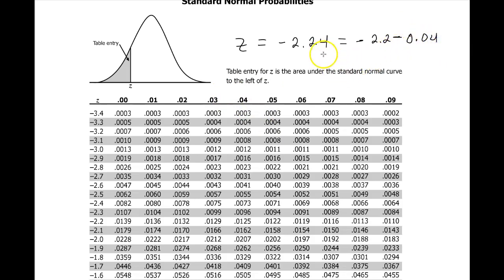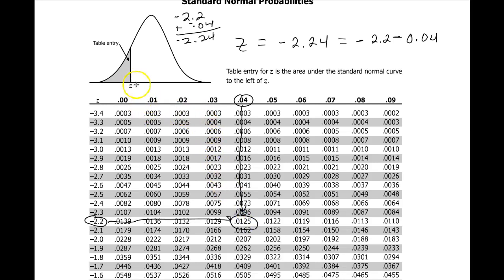We split up this number this way because if I take 2.2 and then I add 0.04 to it, that'll be 2.24. And of course, all I'm doing here is just making this negative to make that negative. So here we see that we have a negative 2.2 here, and then the 0.04 column is here. So we look and see where these intersect. And where they intersect is here.